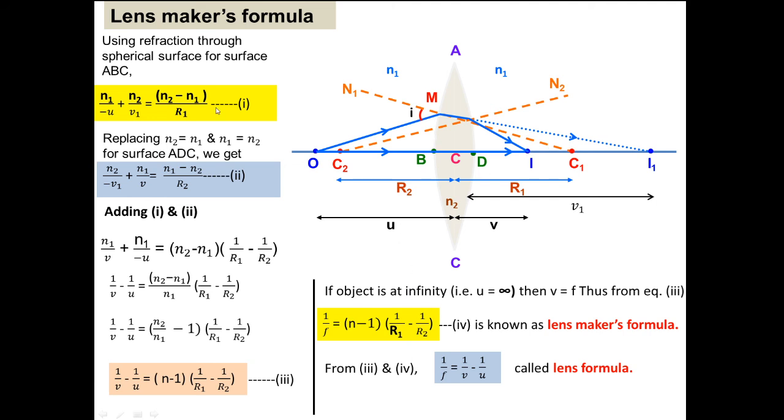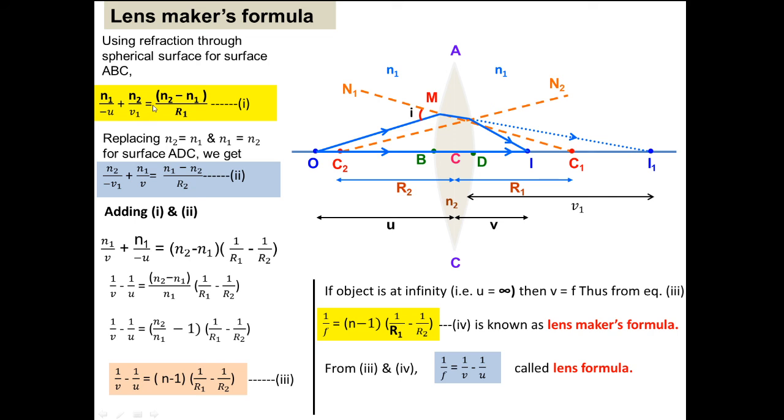So replace N1 by N2 and N2 by N1, and also for this surface ADC, this we can say DI1 will be the object distance. This I1 is a virtual object, so this is on the principal axis, so this will be the object distance.